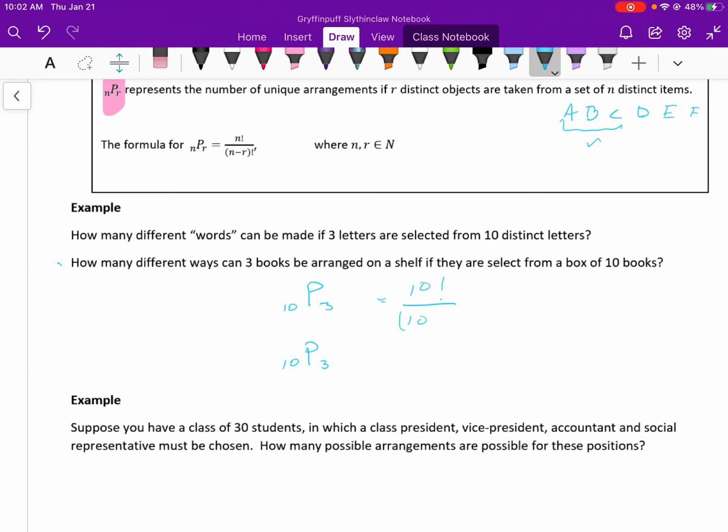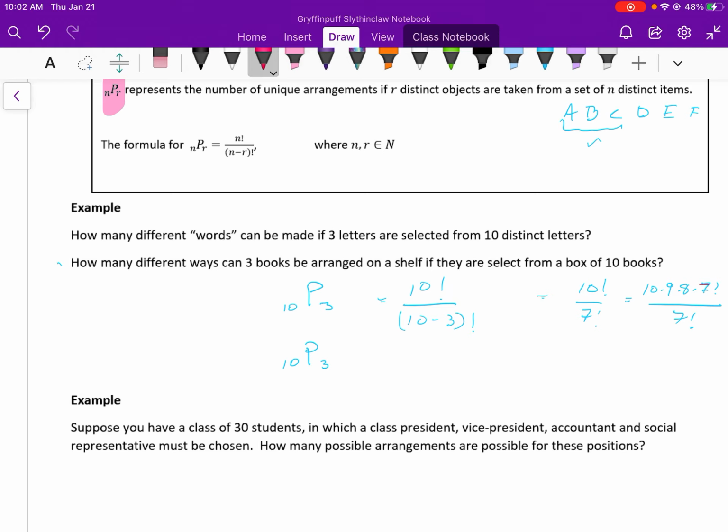We could write this as 10 factorial divided by 10 minus 3 factorial. And this is 10 factorial over 7 factorial.